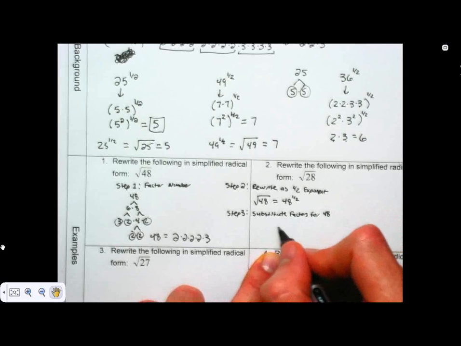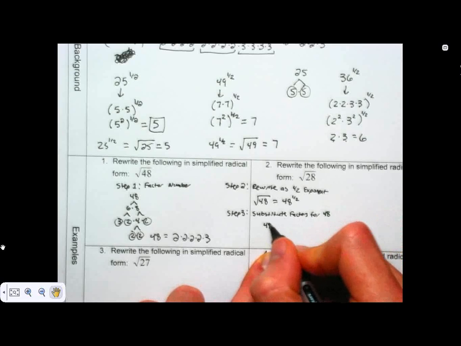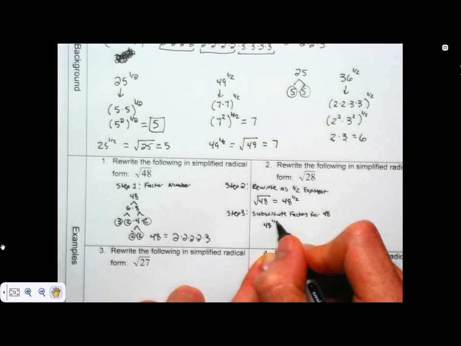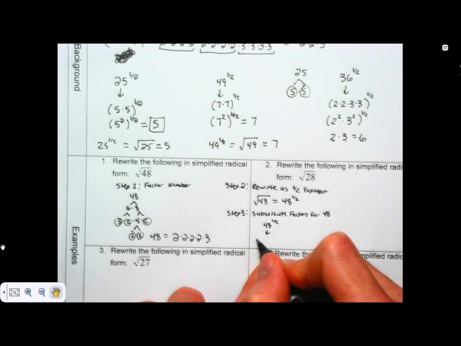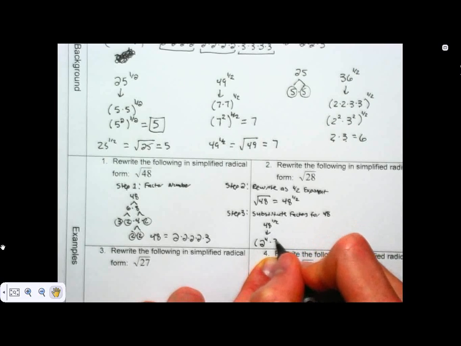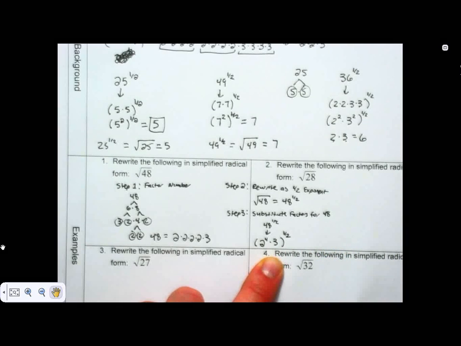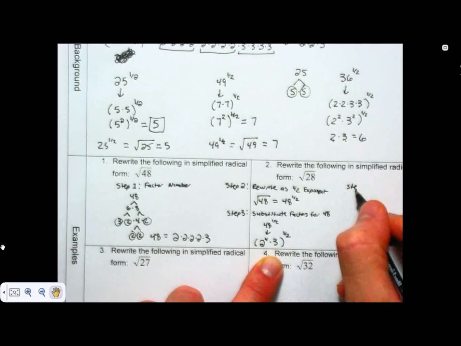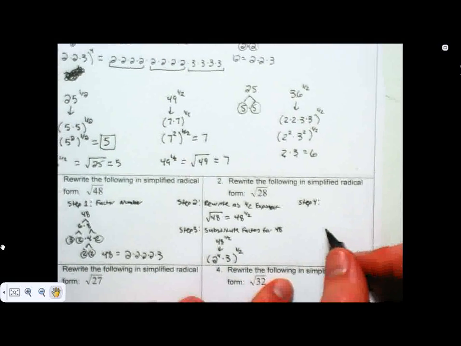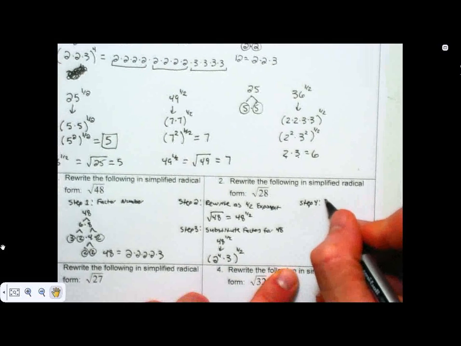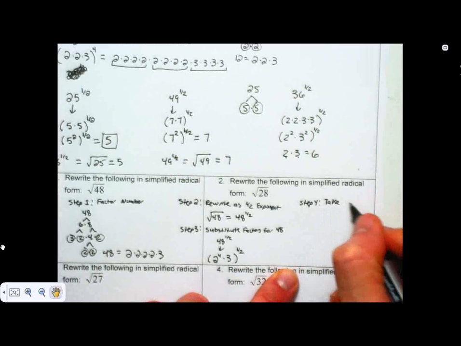So we've got 48 to the 1/2 power, and we've just found out what 48 is equal to. It's equal to 2 to the 4th times 3, to the 1/2 power still. And then the final step is to take half of each factor, if possible.